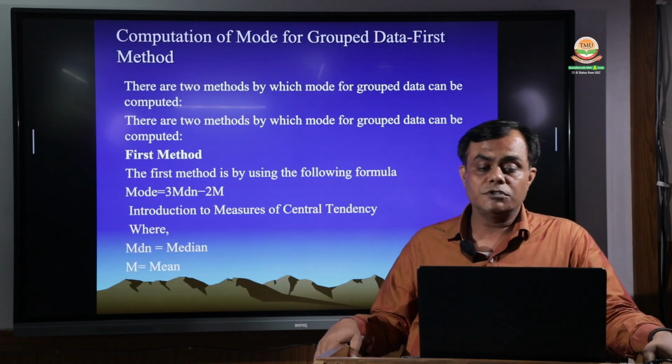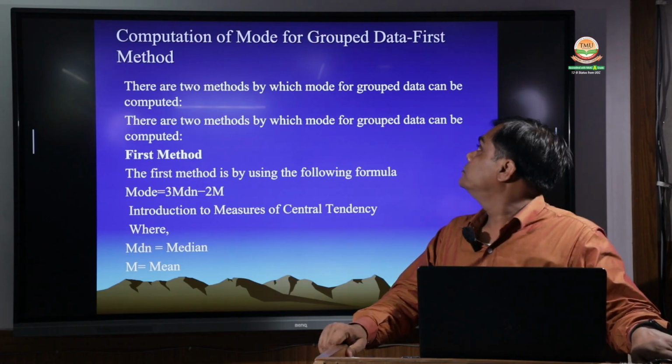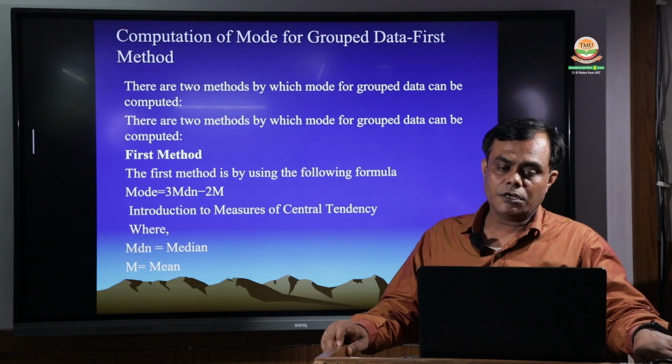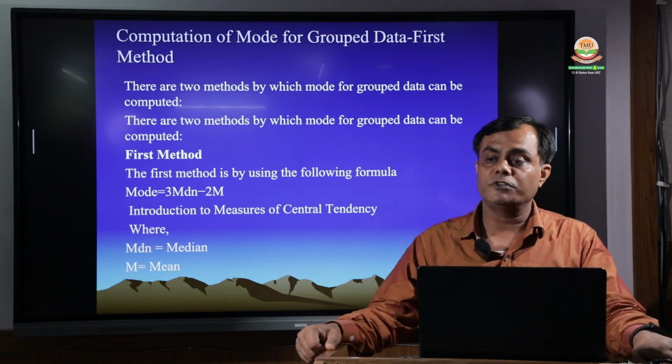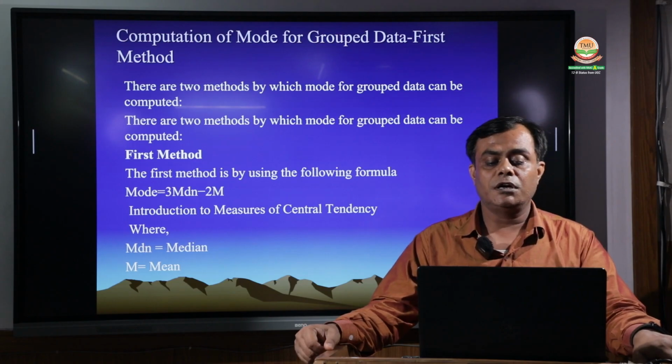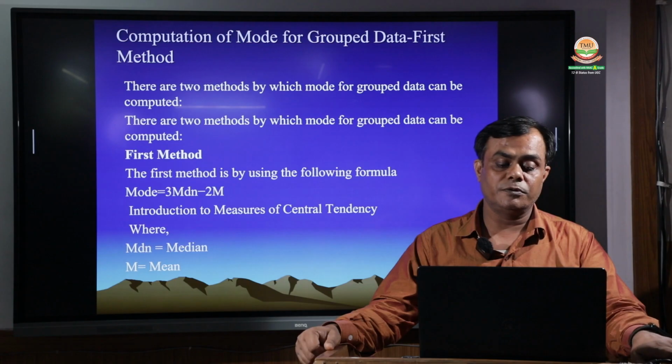Next is the computation of the mode for grouped data. There are two methods by which the mode for grouped data can be computed.